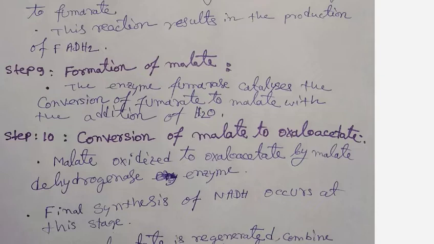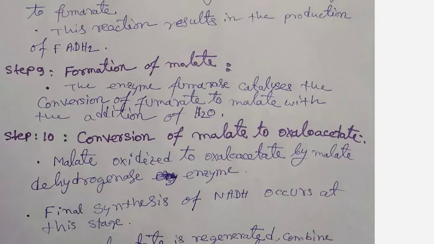Step 9, formation of malate. The enzyme fumarase catalyzes the conversion of fumarate to malate with the addition of H2O.